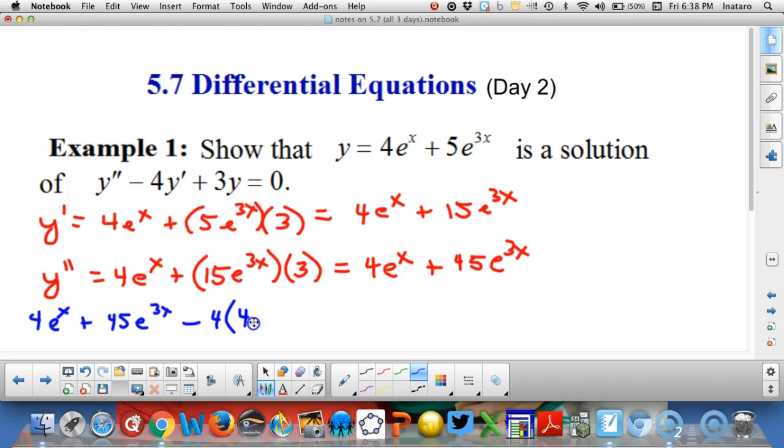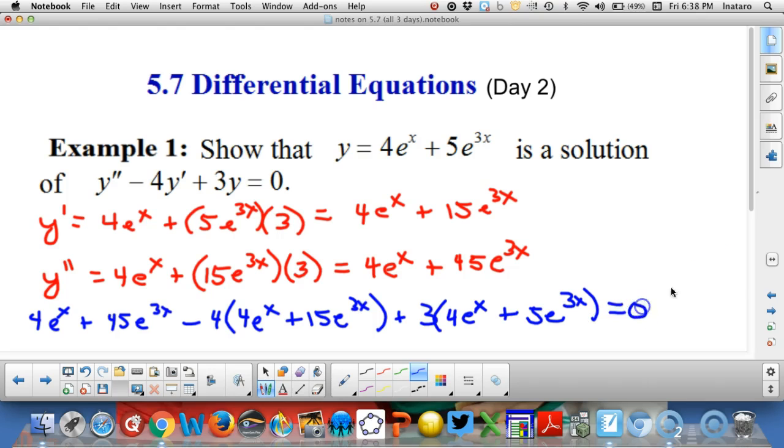I'll have 4 e to the x plus 15 e to the 3x plus 3 times y, I'll substitute this in place of y. So I have 3 times the quantity 4 e to the x plus 5 e to the 3x equals 0.